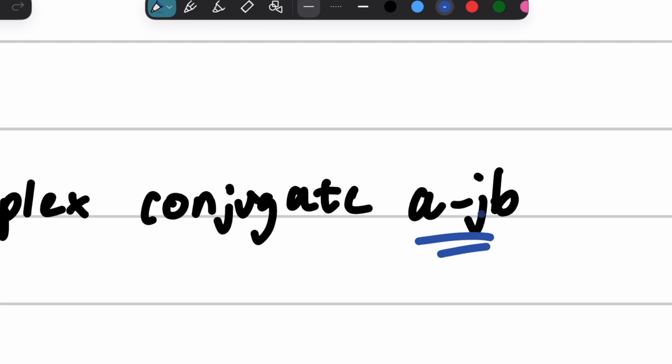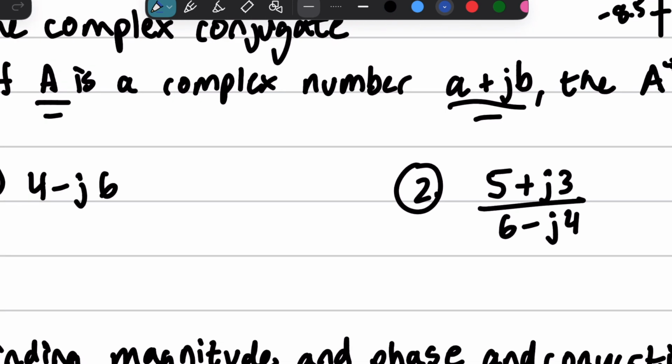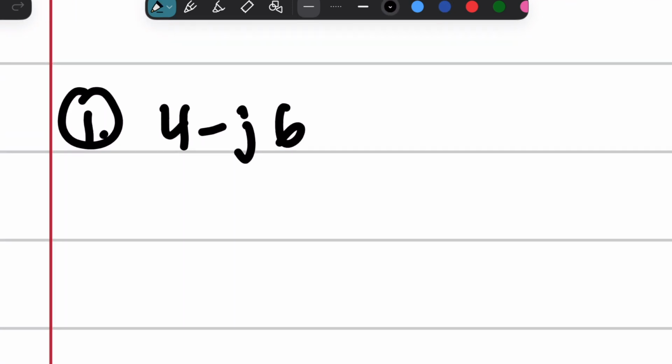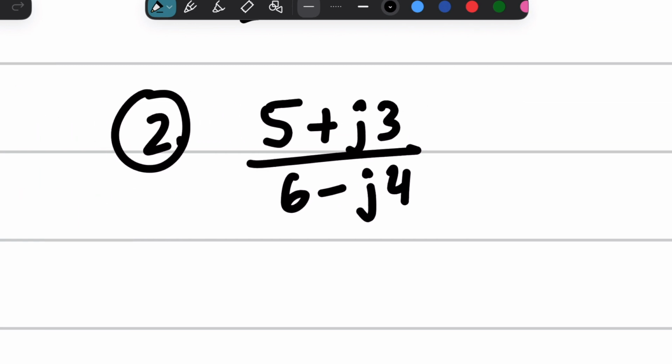So every single time that you see a J, you're just going to stick a negative sign on it. Well, first, let's look at the complex conjugate of this guy. It's just going to be 4 plus J6, because of the plus sign going on right there.